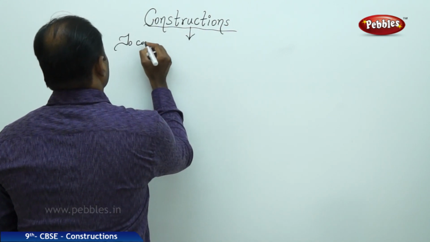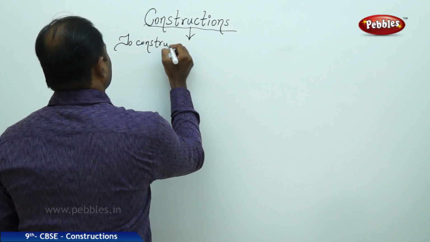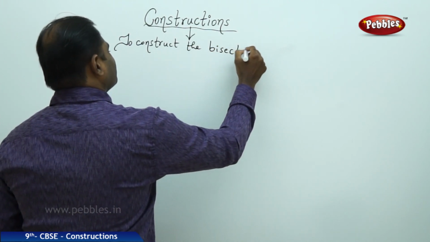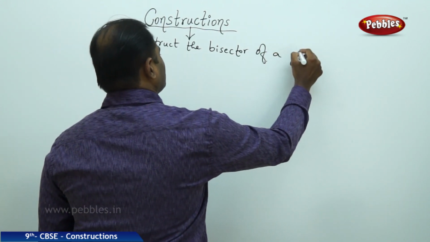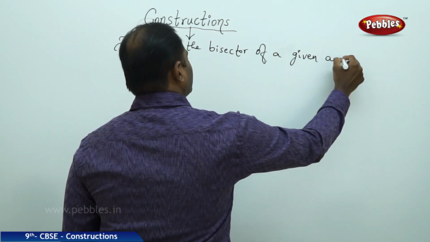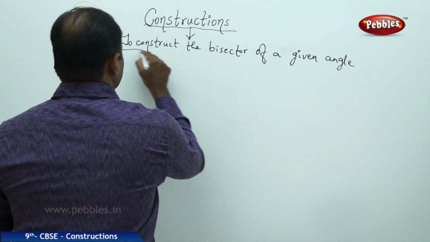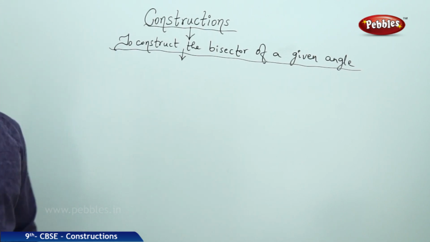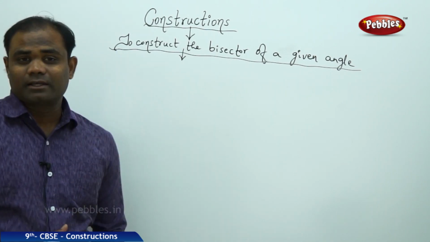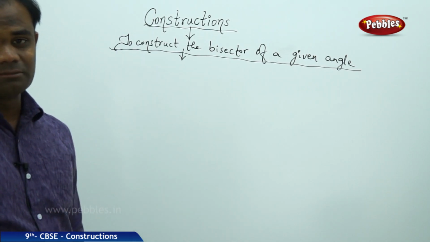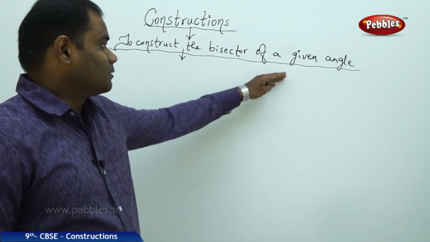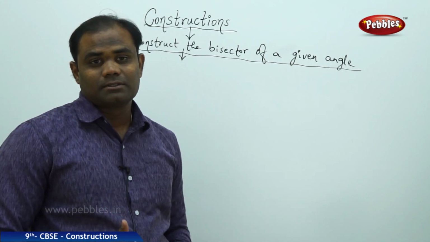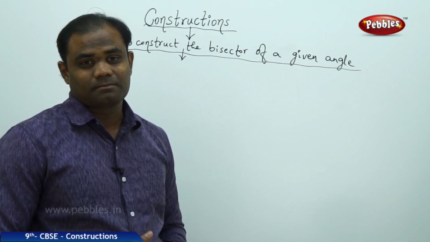To construct the bisector of a given angle, let's see how a bisector can be drawn. For a given angle, the line which divides it exactly or equally is what we call the bisector.